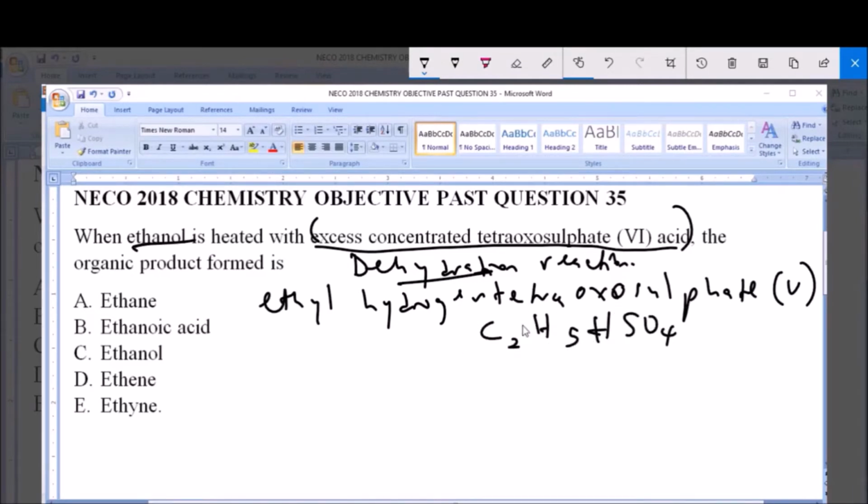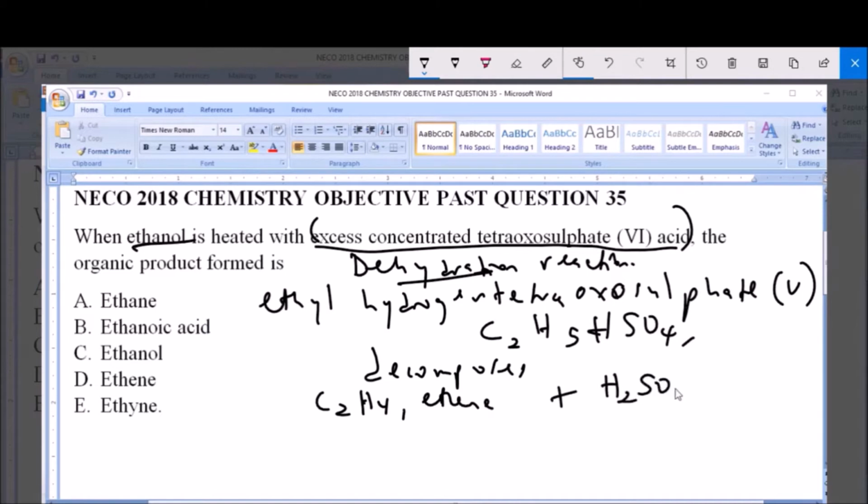Now, this product further decomposes to yield the final organic product C2H4, which is ethene, and also yields tetraoxosulfate 6 acid.